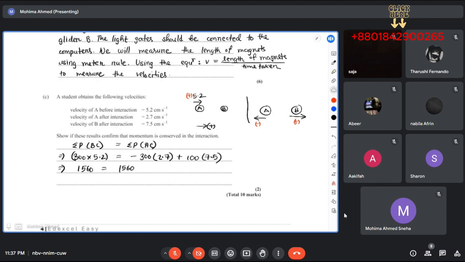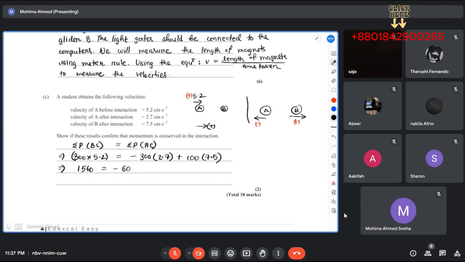That means obviously the momentum was not conserved over here, right? Since after collision, with the velocities they have provided, the momentum after collision was not conserved. It gives you minus 60, so obviously momentum is not conserved in that case. I thought it would be a conserved situation, but no, you're getting negative 60 over here.